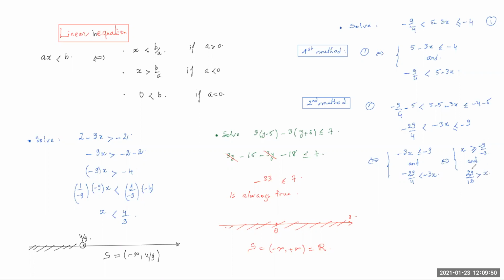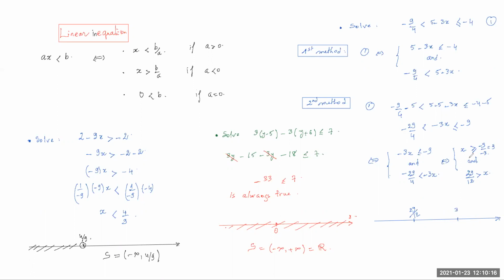Finally, I have to consider those two sets. Let's see what we can get with our sets here. So I have a line here. I have the value 3 here, and here 29 over 12 is smaller than 3.